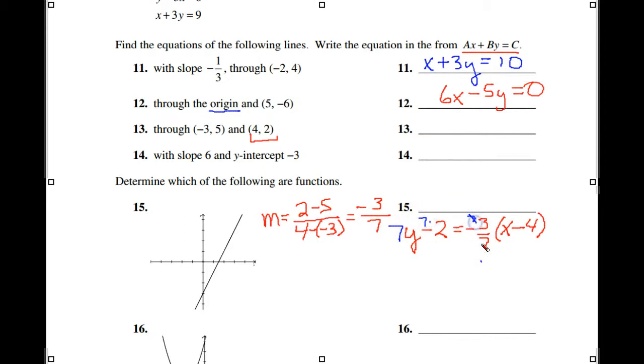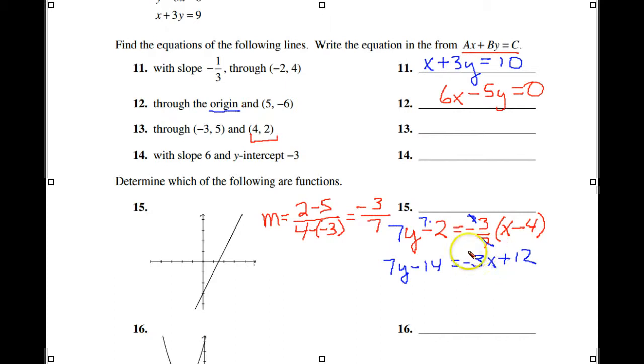Now notice here the 7's cancel out. So I now get 7y minus 14 equals a negative 3x, and then a negative times a negative gives me a positive 12.